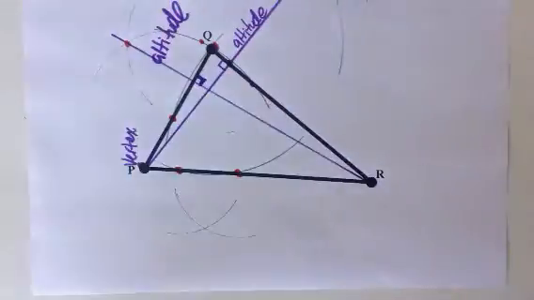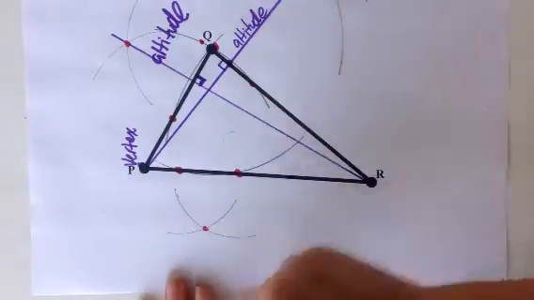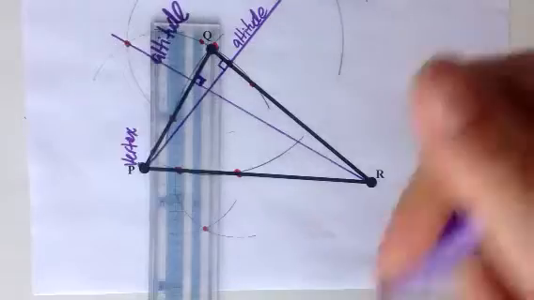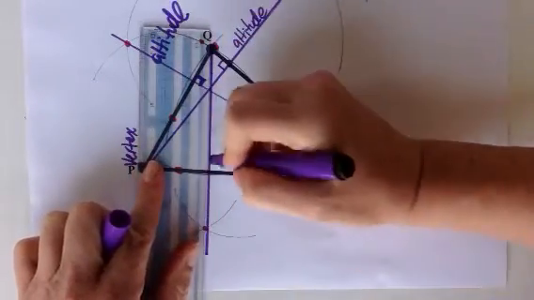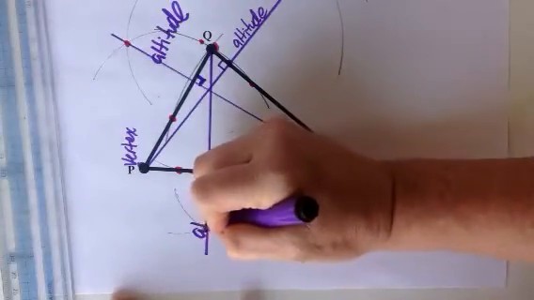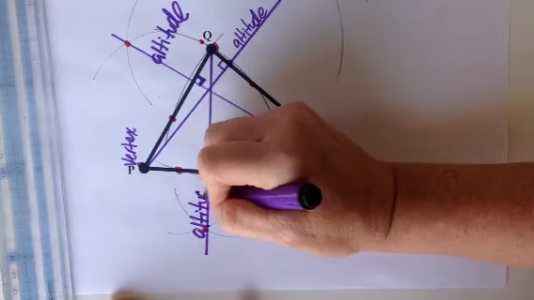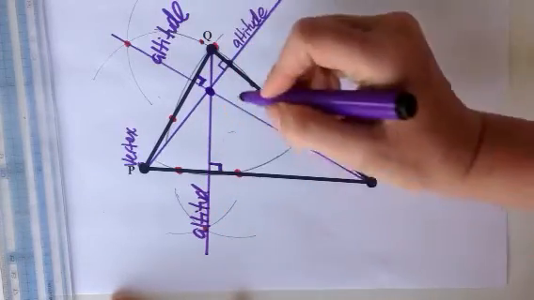And sweep. And there's your third altitude. From the top, opposite side, right angle. And where they meet, that's called the orthocenter.